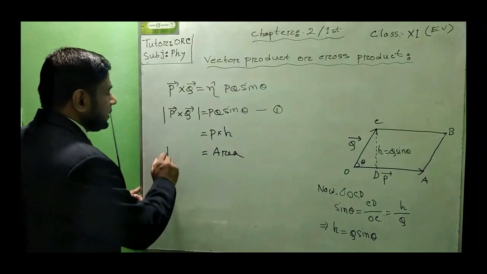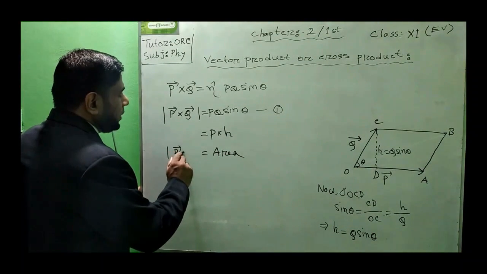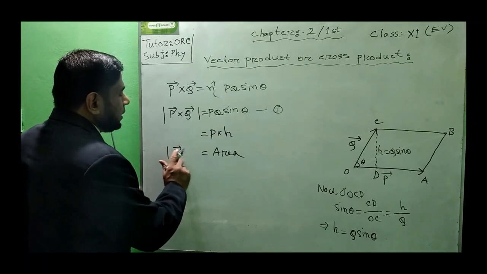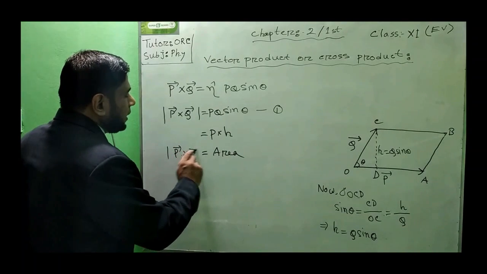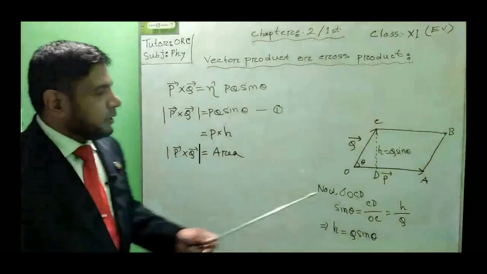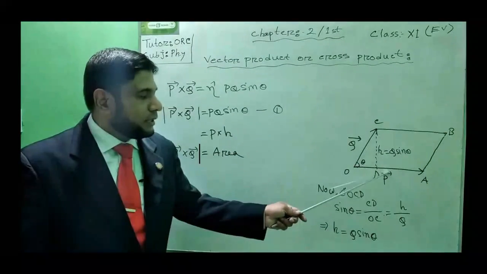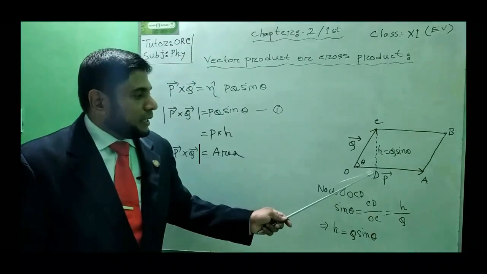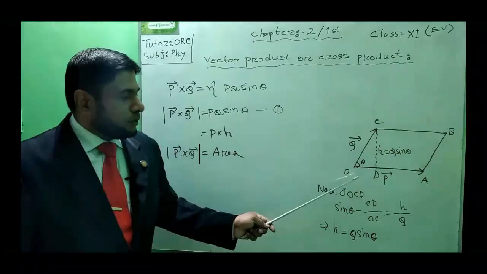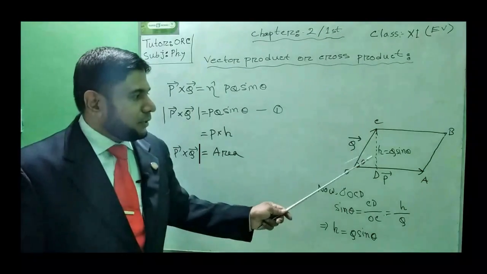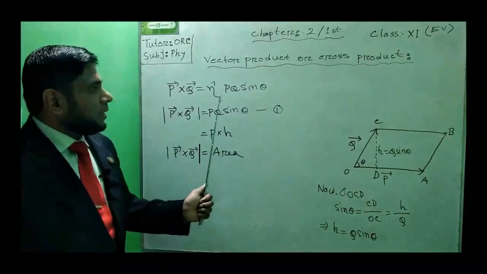So in this case, if two vector quantities act along two adjacent sides from the same point of a parallelogram, then we can easily find the area of this parallelogram with the help of their cross product.